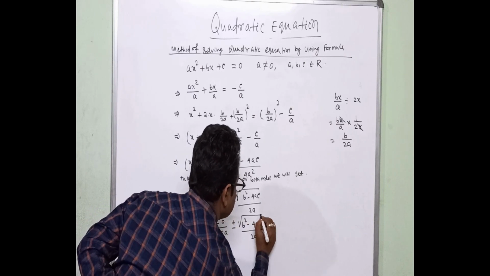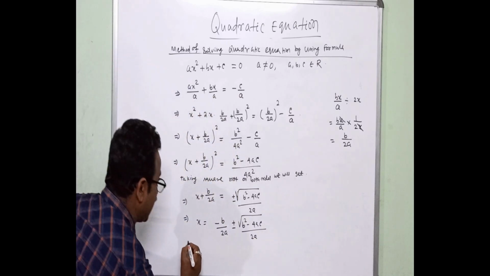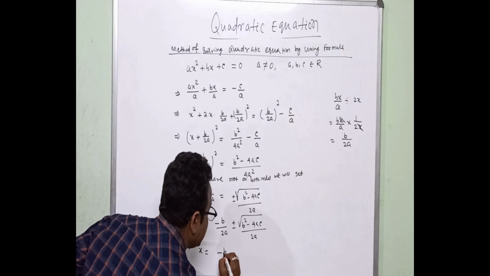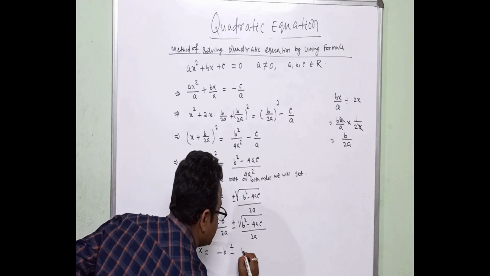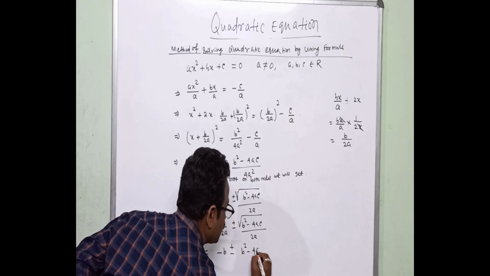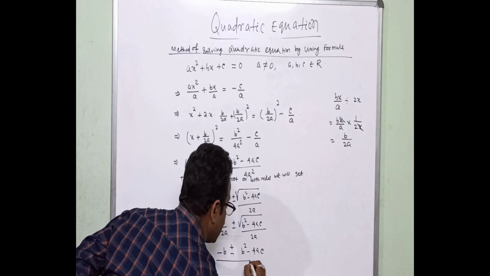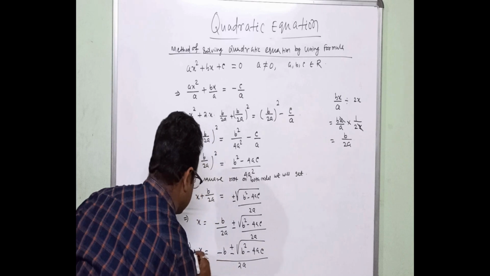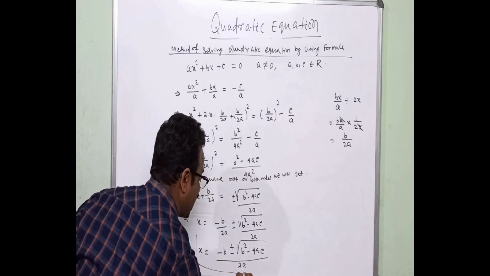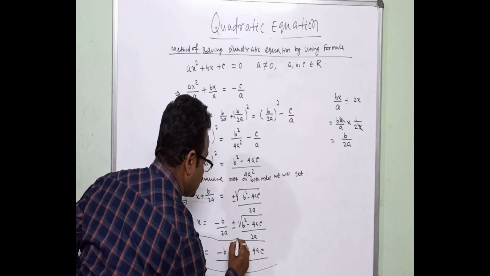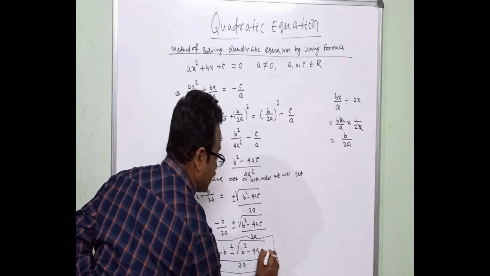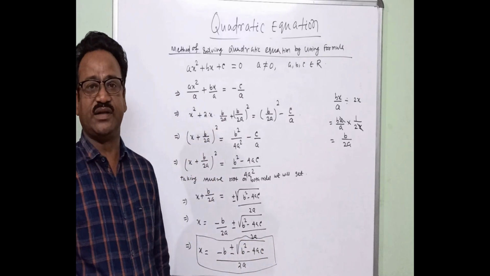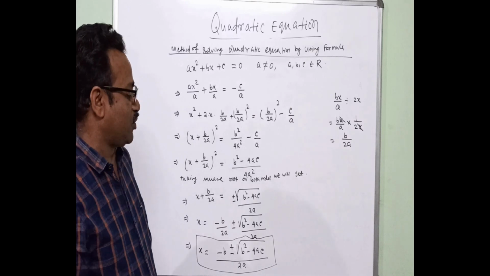By simplifying we will get x is equal to minus b plus minus root over b square minus 4ac, whole divided by 2a, and this is the formula to find the roots of the quadratic equation by using the formula.